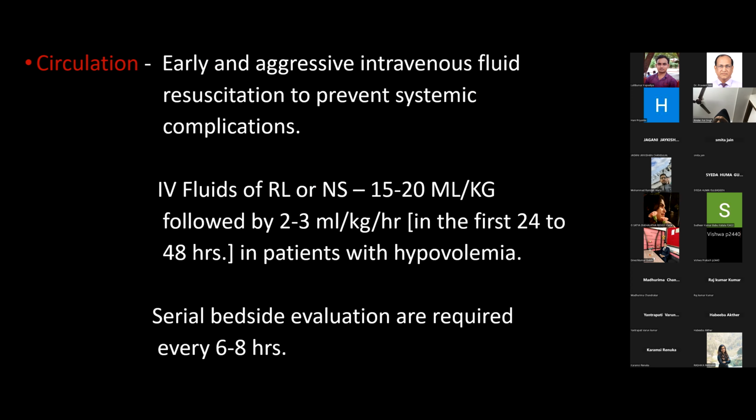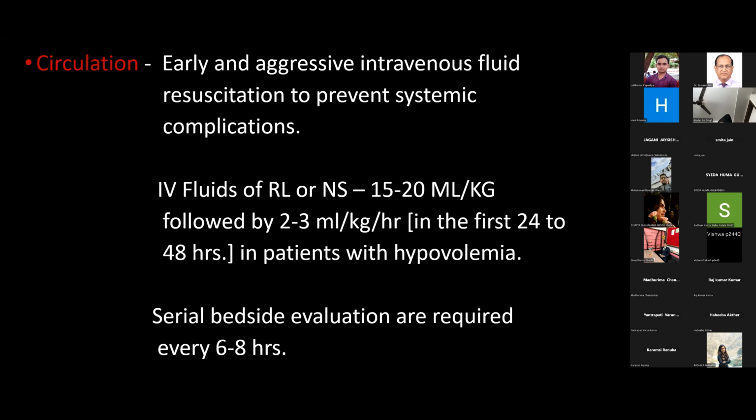Aggressive management of patients with acute pancreatitis should begin early in the course of disease, and the first 24 hours are referred to as the golden hours of management. Both under-resuscitation and over-resuscitation can lead to worse outcomes, so very close monitoring of these patients is needed.